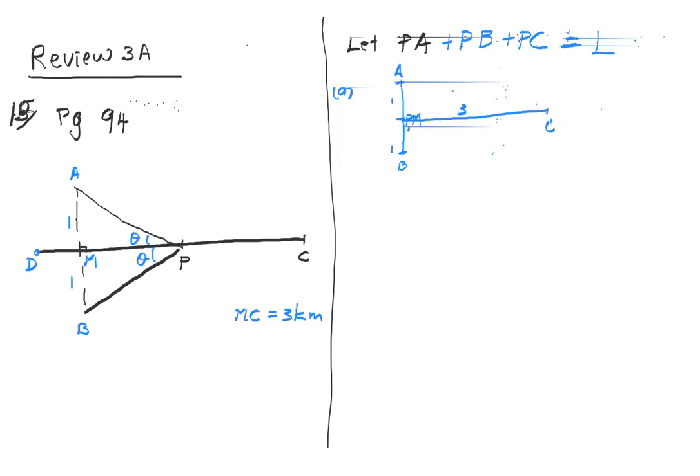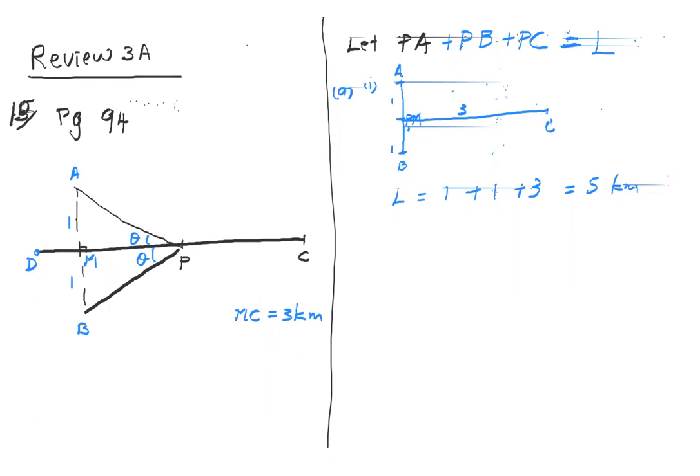So that is the situation for part A, part 1. So the length will be equal to 1 plus 1 plus 3. That is 5 kilometers.